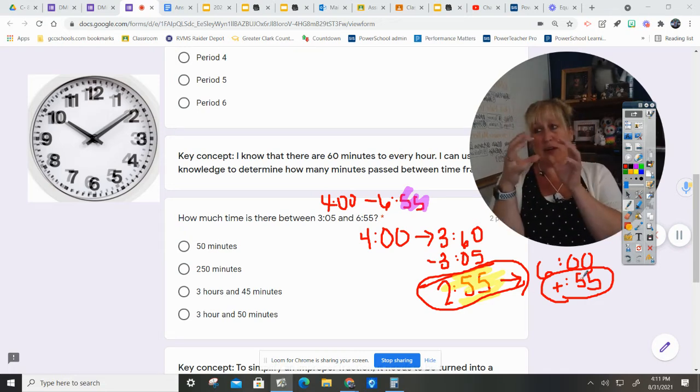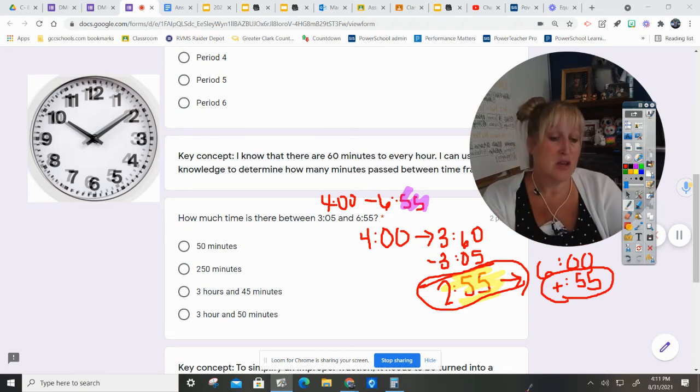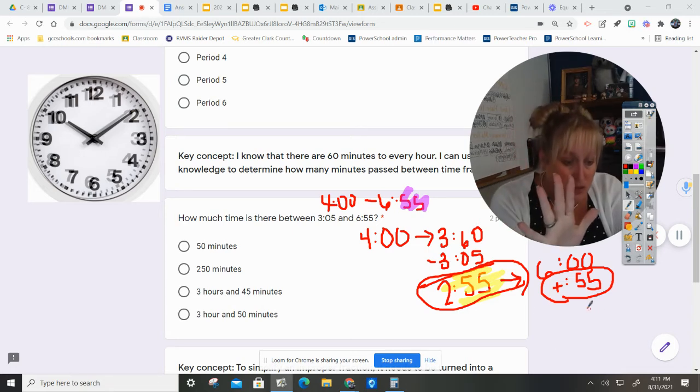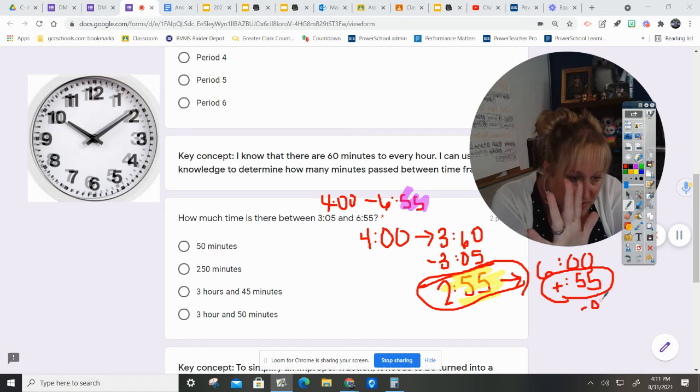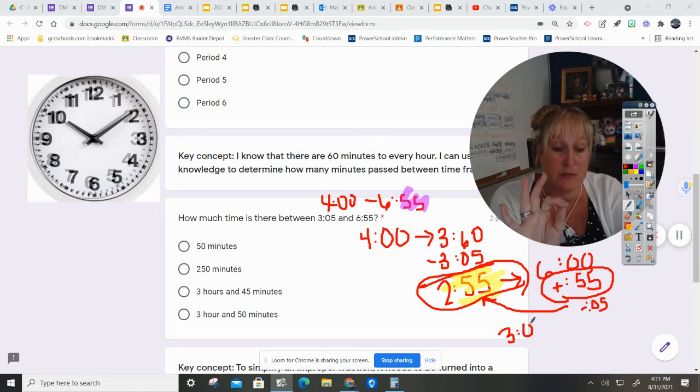So this is when my brain starts putting things together, if that makes sense. So 2 hours and 55 minutes just needs 5 more minutes to make it 3 hours. So if I subtract the 5 minutes from here and I put it over here, that makes that 3 hours.